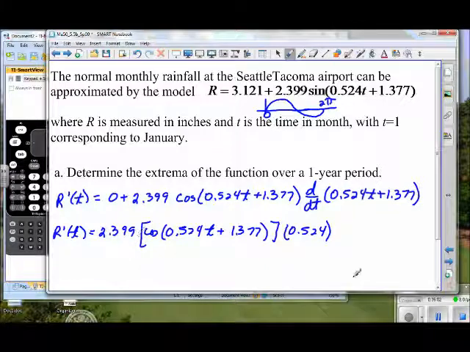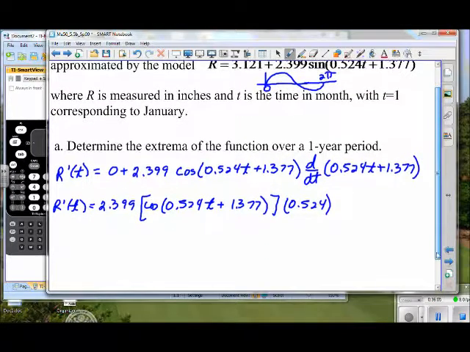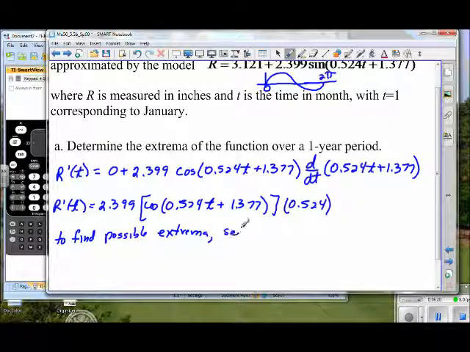Now, if we are looking at finding extrema, we would want to set this equal to 0. So to find possible extrema, we're going to set the first derivative equal to 0.